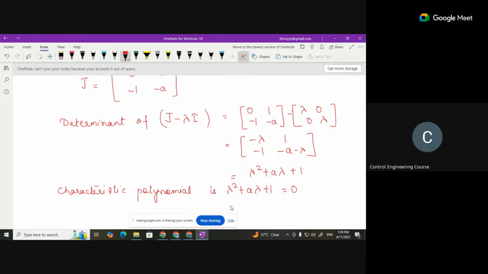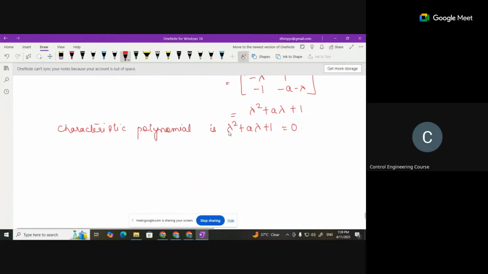Right? So what will be the eigenvalues? Can we find them from here? Yes, this is a quadratic equation. The values can be written as minus a plus minus square root of b square minus 4ac, that is a square minus 4, divided by 2a, if you compare it with the standard quadratic equation ax square plus bx plus c.